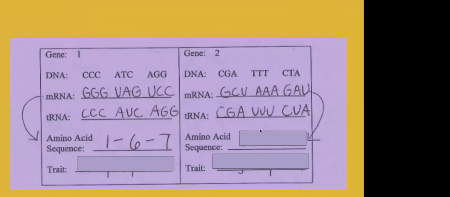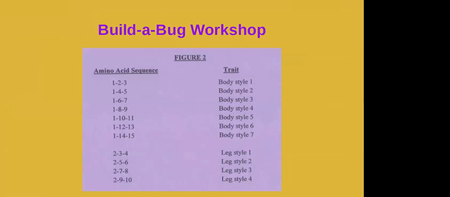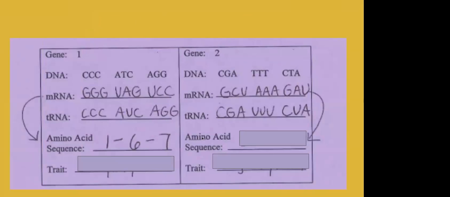We'll do the same thing over here for gene 2. And in fact, you're going to do them for all 11 genes. You're going to use that amino acid sequence to look up what trait that codes for. In real life, remember, we would actually call that sequence of amino acids a protein.